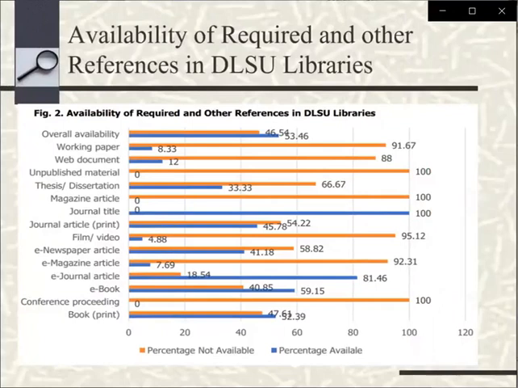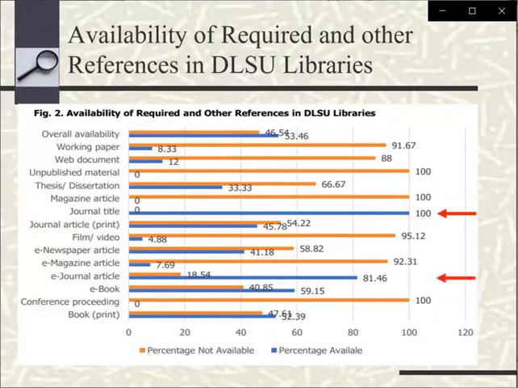Okay, on your screen is the percentage distribution of availability of listed resources in the DLSU Library's collection. There were non-specific resources identified providing only journal titles. These titles were all available in the library collections either in print or electronic format, yielding 100% availability for the said resource type.